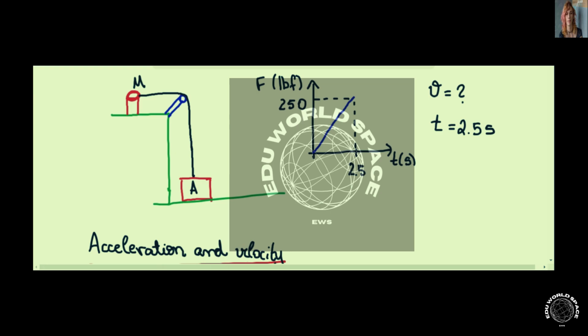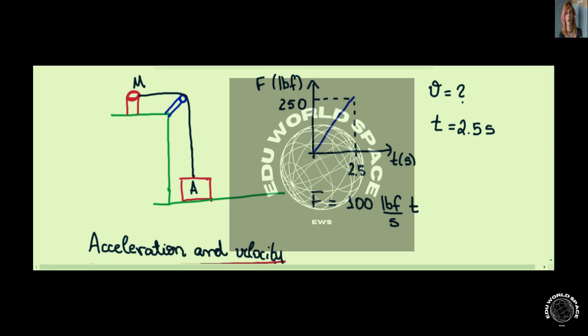Notice that the graph is just a line. It begins at the origin. So the force is equal to 100 pound force per second times t.